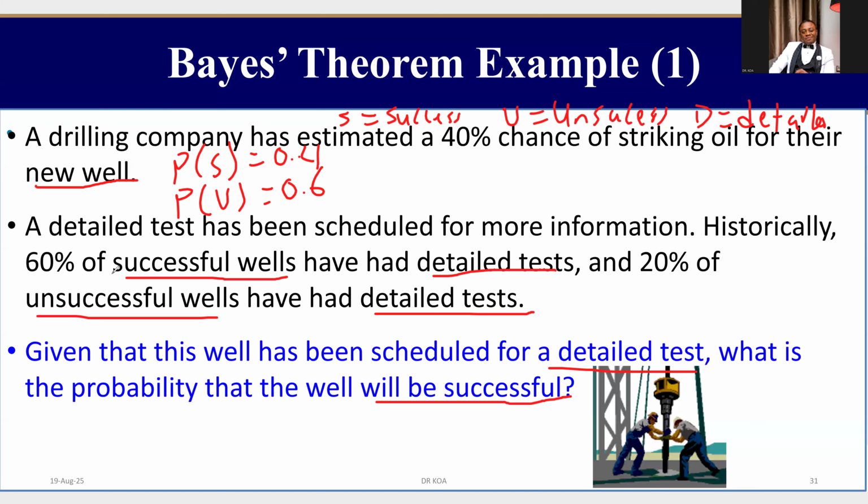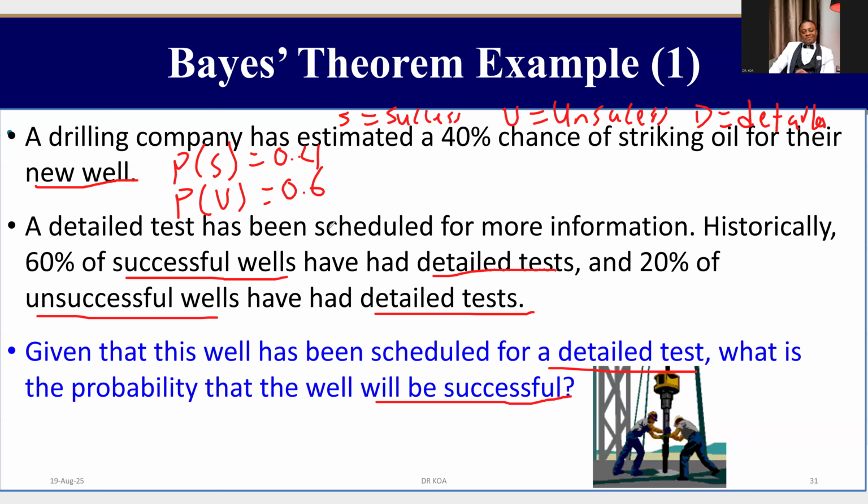Watch the wording. It says that a detailed test has been done, so which one is the condition? So the probability of a detailed test, given that it is successful. Because remember, successful was a striking first, but once you've done the striking, then you go and do the detail. So the probability that I am doing detailed, given that it is successful, was given in the question.